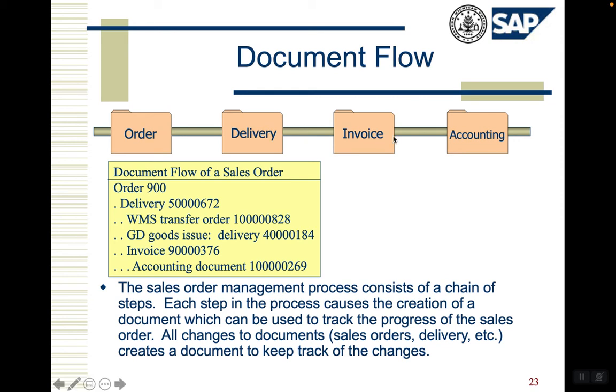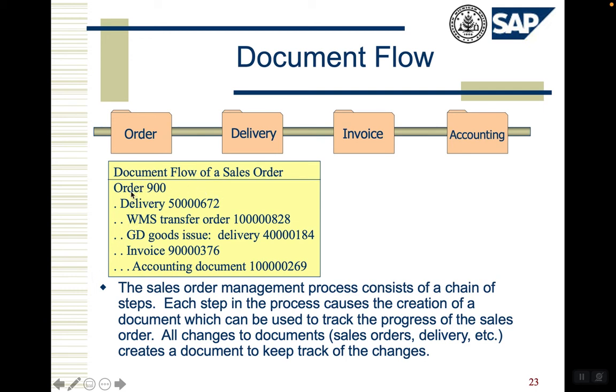When we create an invoice, we create an invoice document. Each one of these will have its own unique number. The numbers are not necessarily going to connect these different documents together, but there is a function inside of the ERP system, which we call document flow.